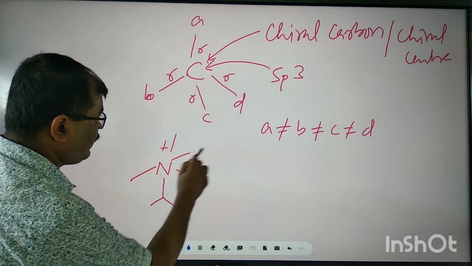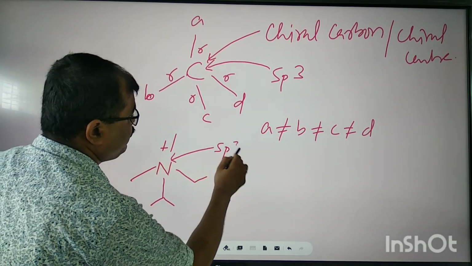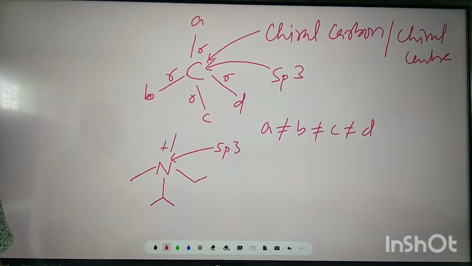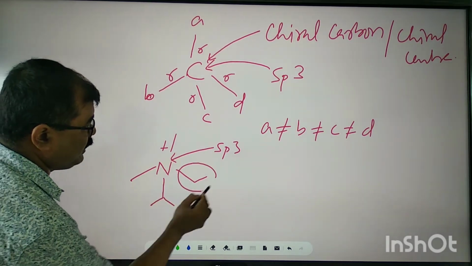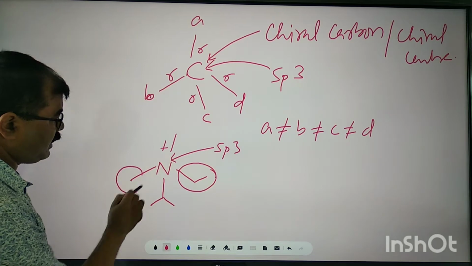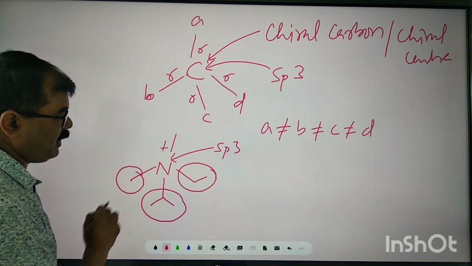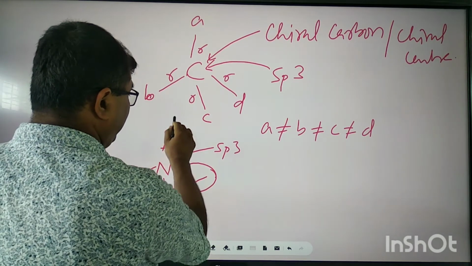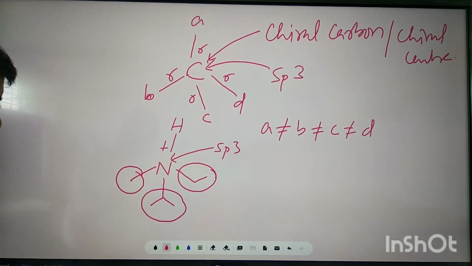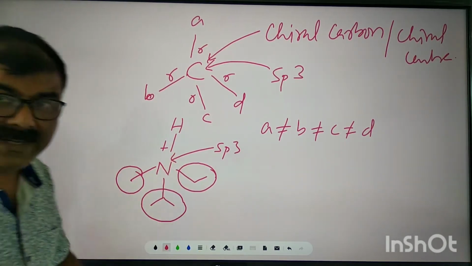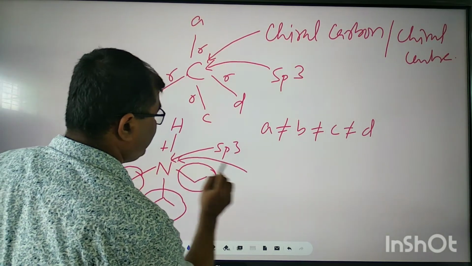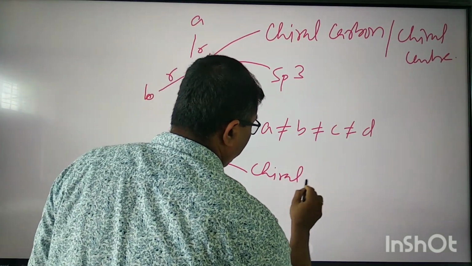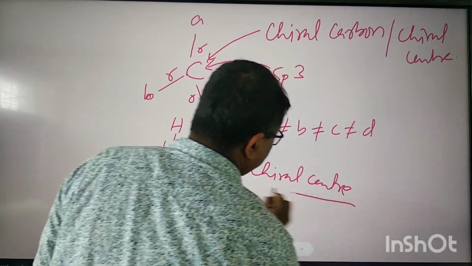We have to check. Yes, it is sp3 hybridized, and there are 4 different groups. This is ethyl group, this is methyl group, this is isopropyl group, and here is hydrogen. 4 different groups are attached. This is sp3 hybridized. Therefore, this is a chiral center.